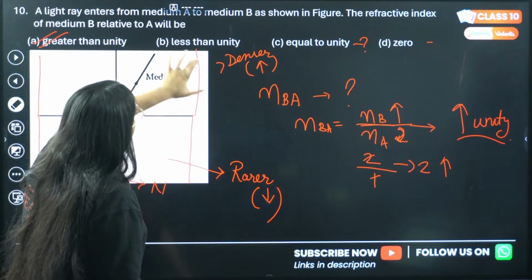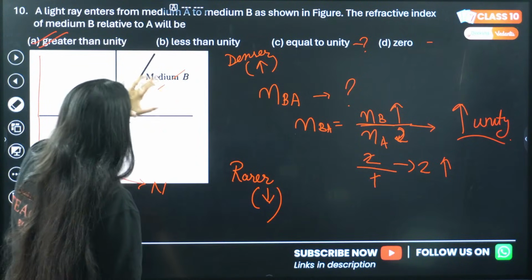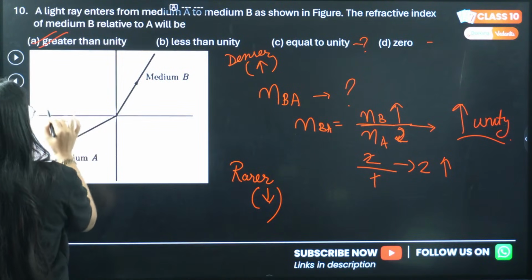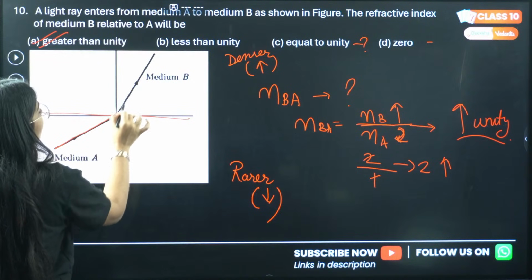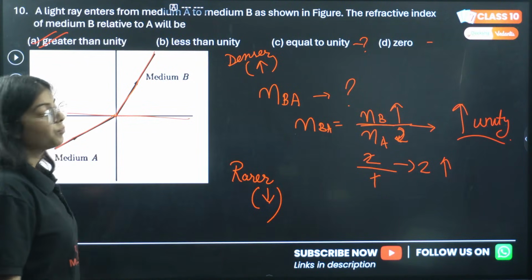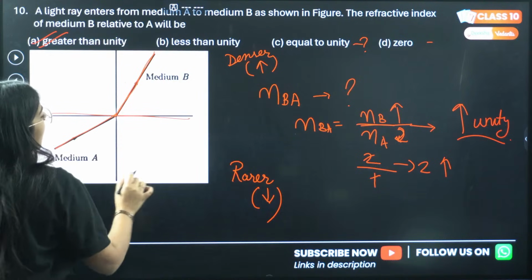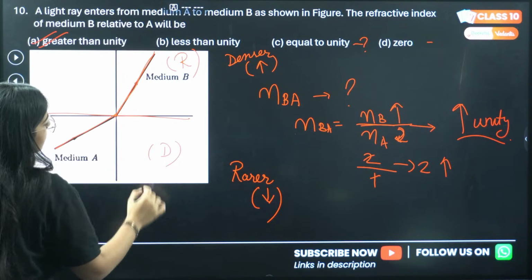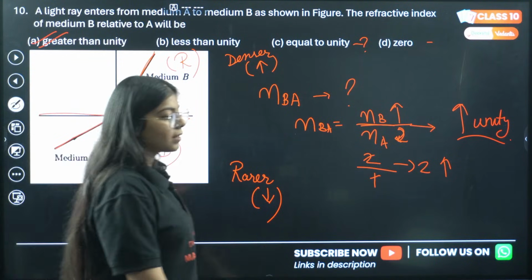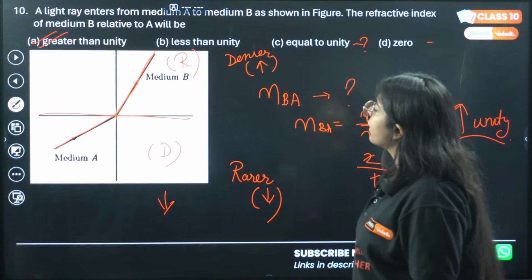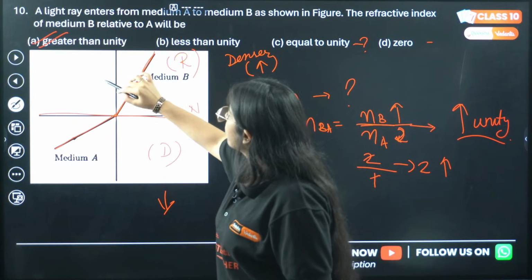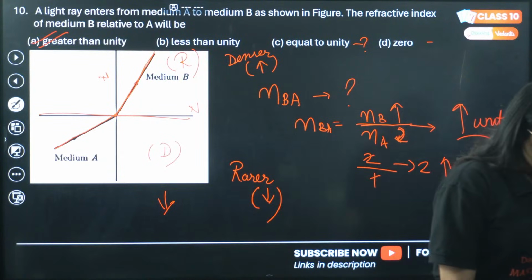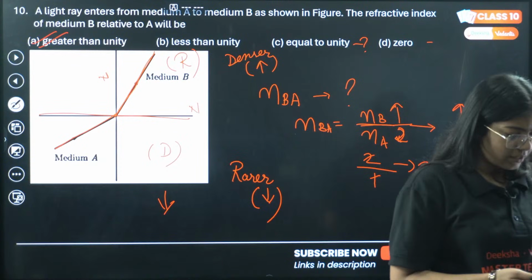Understood or not? If they are saying that this is my normal, let's understand how it's happening. If this is the normal, then it's bending away from the normal, and away from the normal means it's rarer, this is denser, so in this case that will be less than unity. I guess this question was not really clear about what the normal was. I understand your confusion.